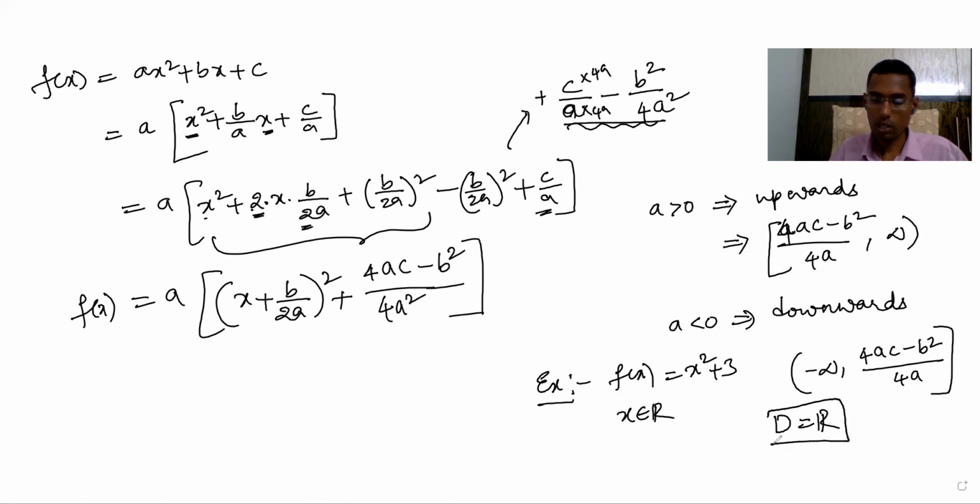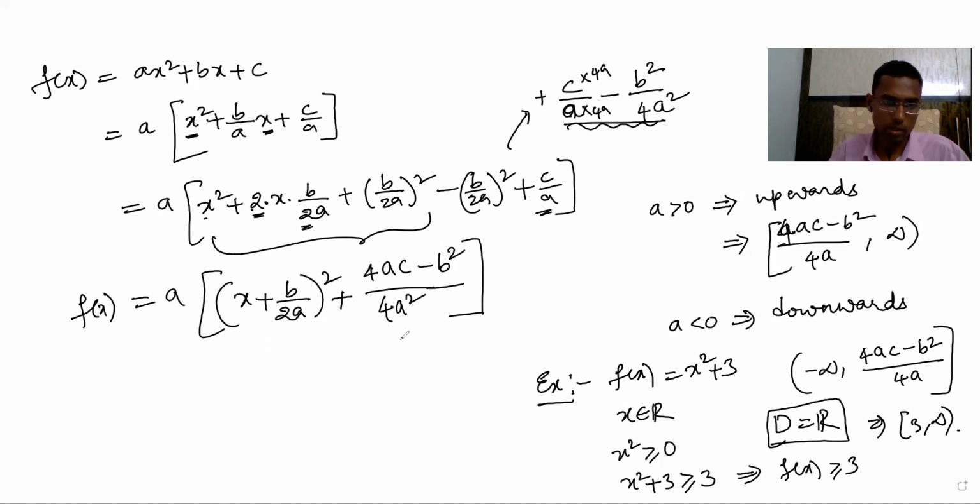The meaning of domain is real number means x is any real number. x square is always greater than or equal to 0, yes or no? So x square plus 3 is greater than or equal to 0 plus 3. Therefore f of x is always greater than or equal to 3. So that implies the range is 3 to infinity.